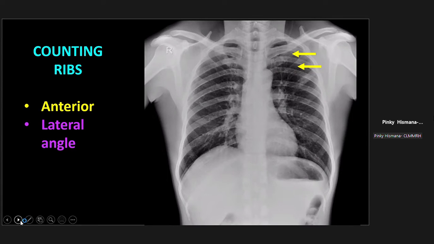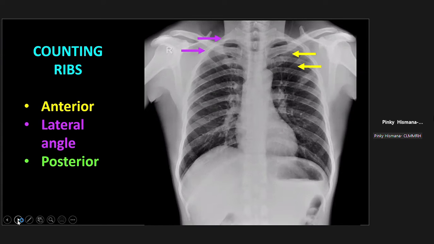Then when we count the lateral angle, we start with this portion. So that's the first lateral angle, the second lateral angle for the right. This one is the third, fourth, fifth, sixth, seventh, eighth.